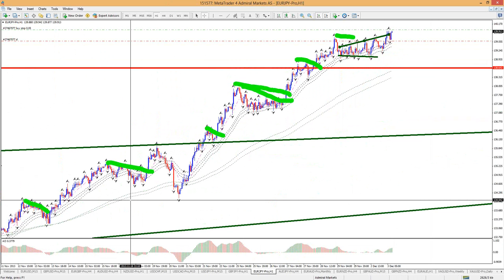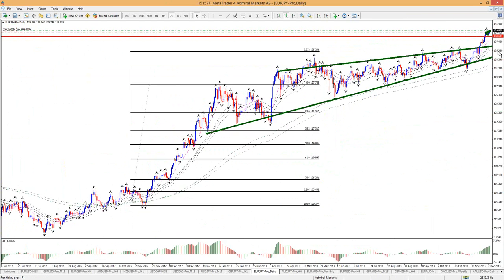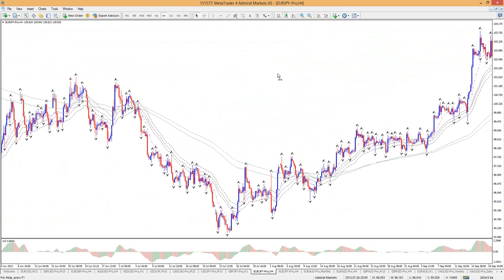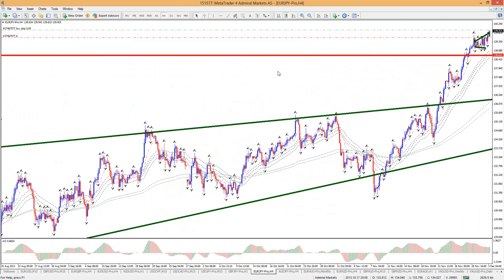This one could be the same. Where that precisely could go, all I know at the moment is that the bigger daily target is at 144. To get smaller targets, we would really need to look at the 4-hour chart, which I can do, no problem. At minimum, the 4-hour chart, maybe probably the 1-hour chart.